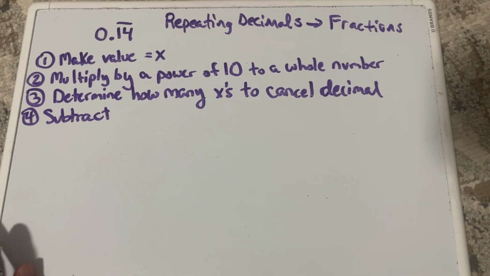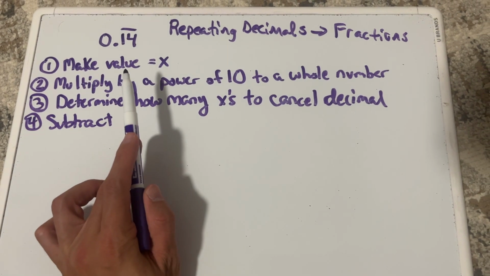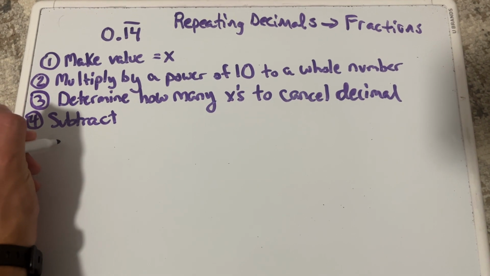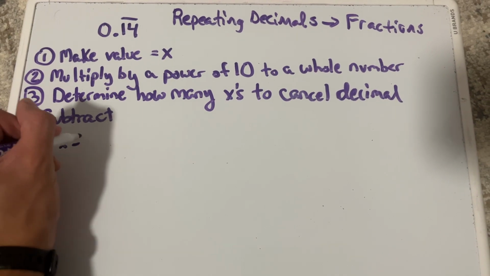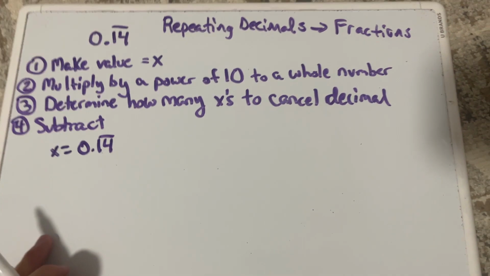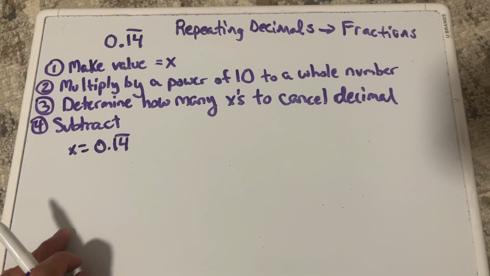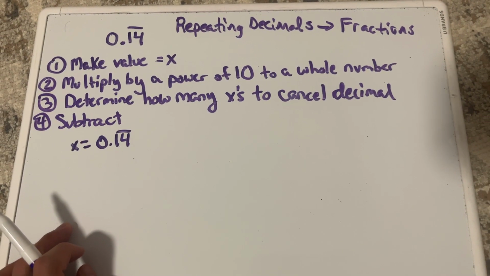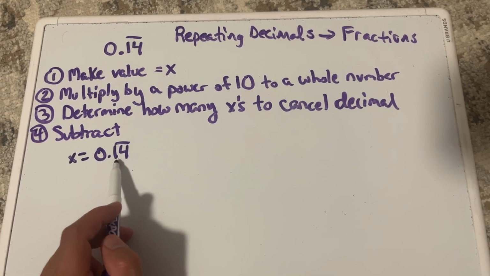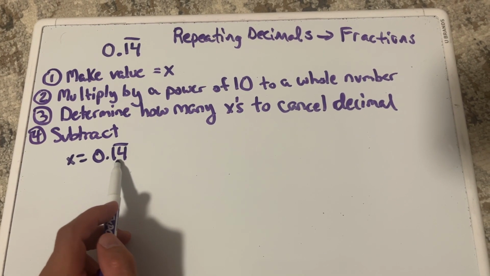So what I'm going to do is step 1, make this value equal to x. So I will say that x is equal to 0.14 repeating. Okay, I know, big step so far, but it'll be easy. But now I want to take everything that I have after this decimal and turn it into a whole number.